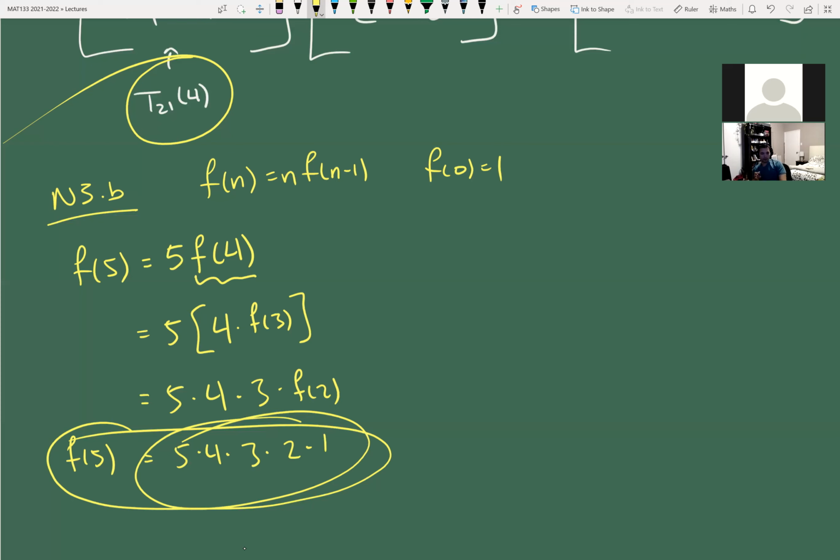Okay, so does that make sense? Does this kind of clear up some stuff about numeracy 3b? Okay, so basically, I was asked to kind of explain it again. So the problem is that anytime you want to compute f of a number, if I want to compute f of 100, well, I have to write that as 100 times f of 99, right? And then I have to compute f of 99, and then I have to compute f of 98, and so on and so forth.